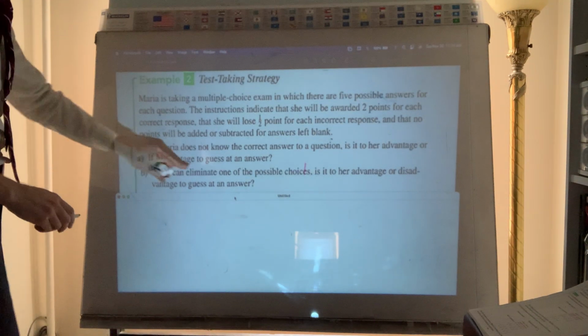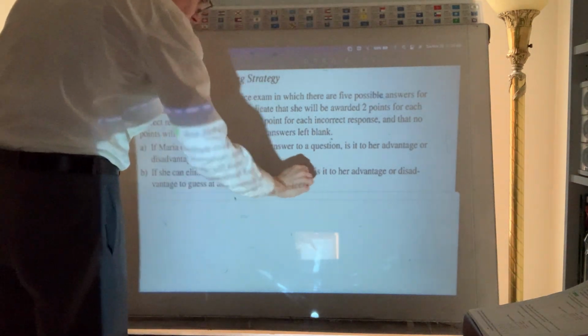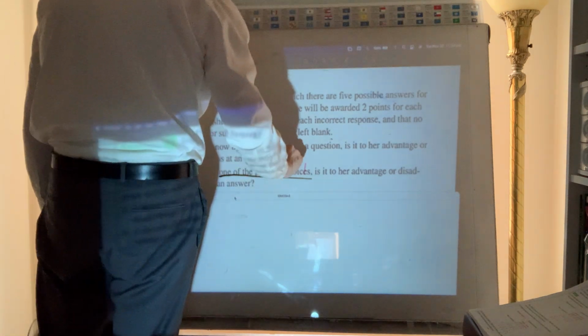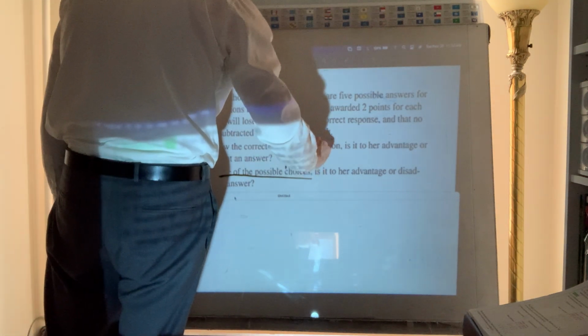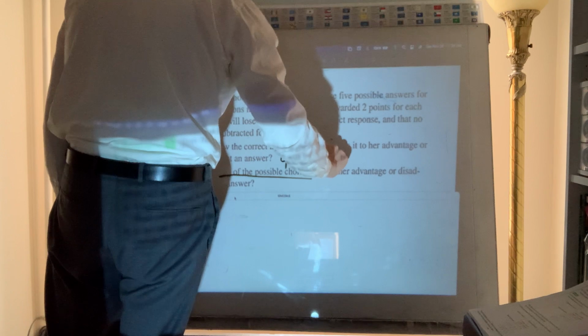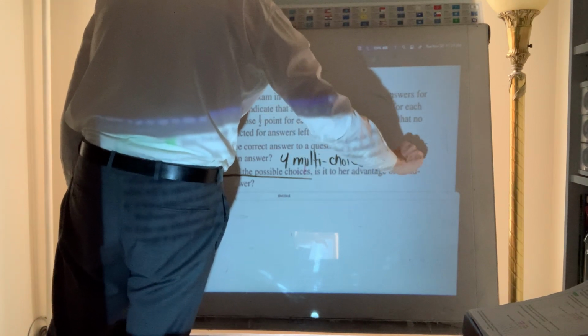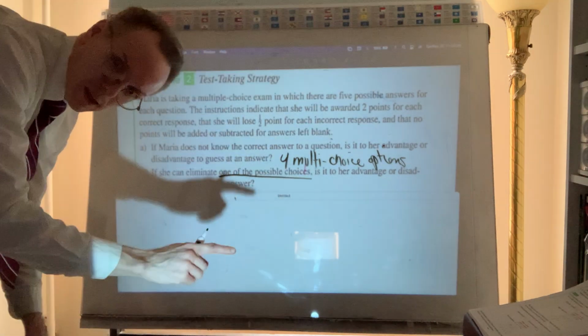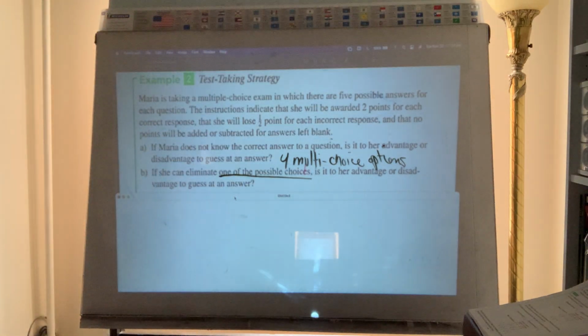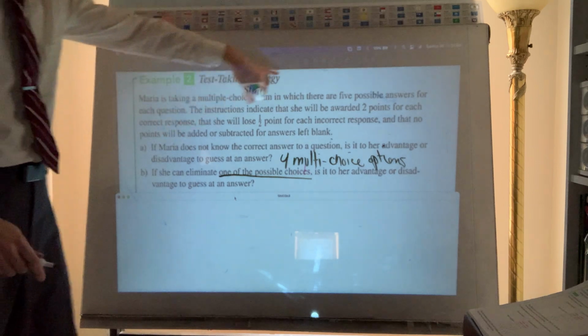All right. If she can eliminate one of the possible choices, meaning that there's just going to be 4 multiple choice options, is it at that point to her advantage or disadvantage to guess? The points have not changed.